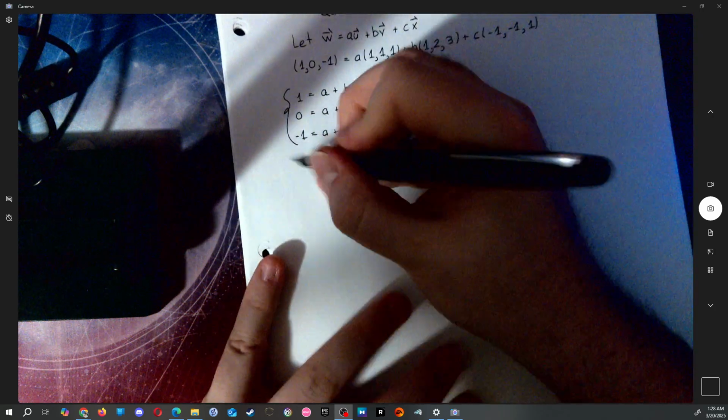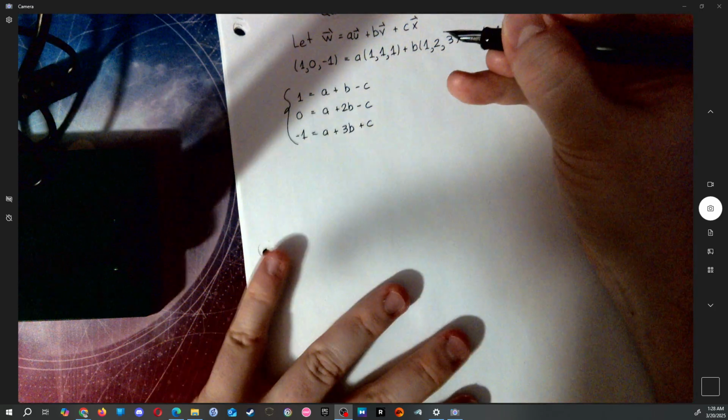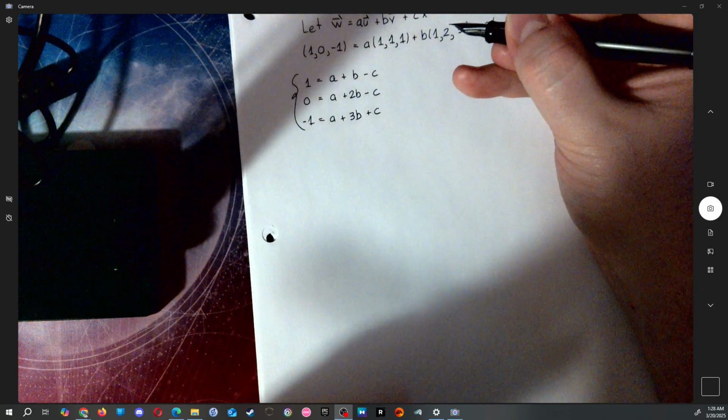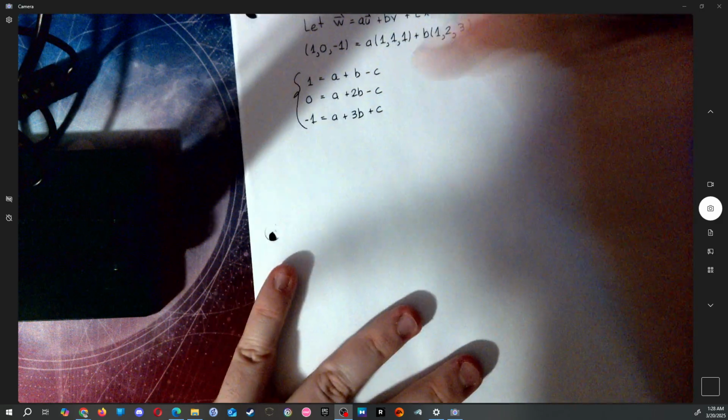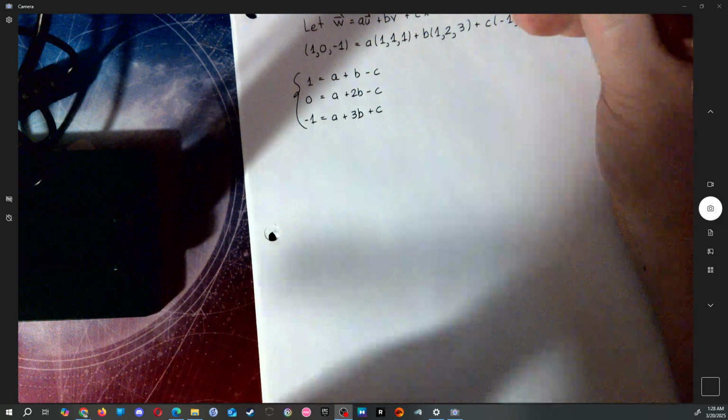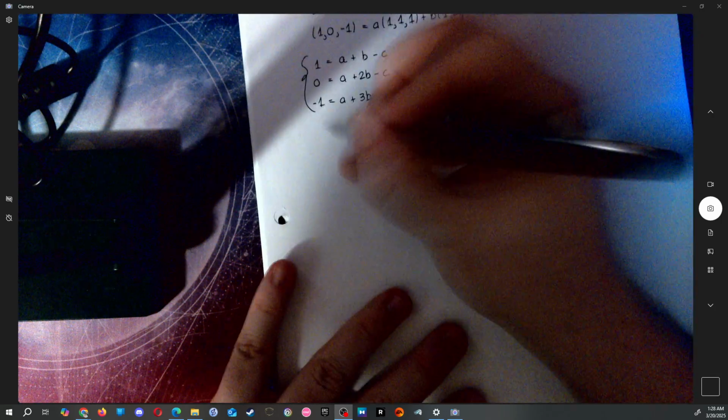So now I'm going to turn this system of three equations with three unknowns into two equations with two unknowns by combining two pairs of my equations.